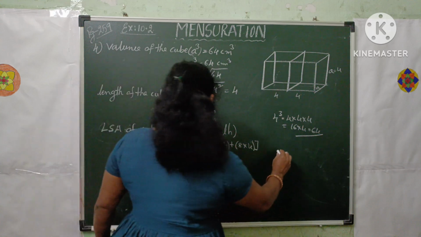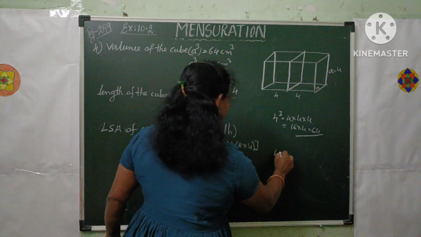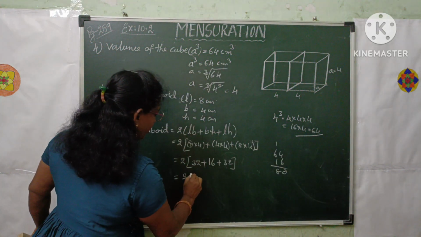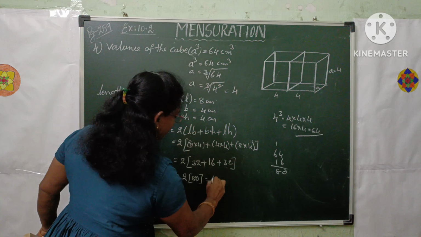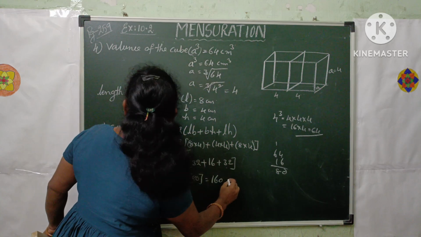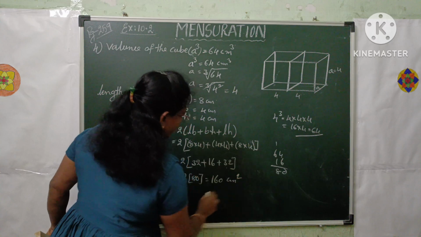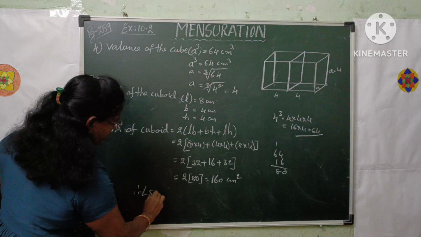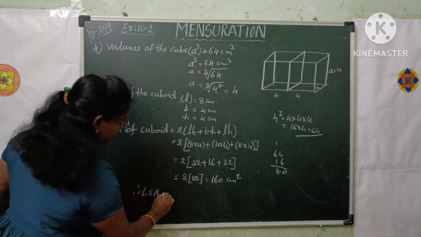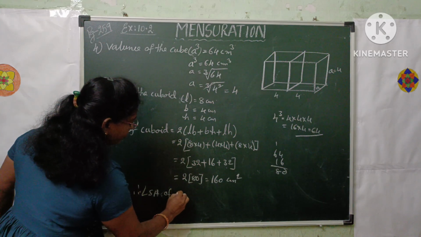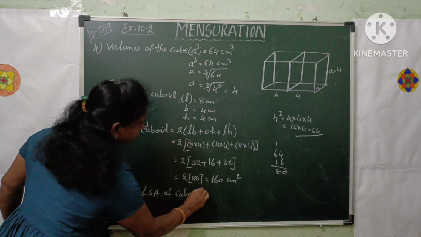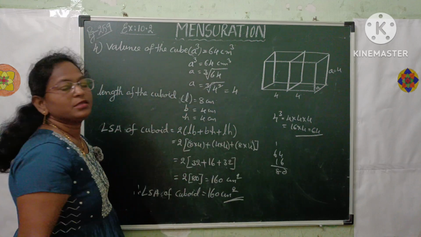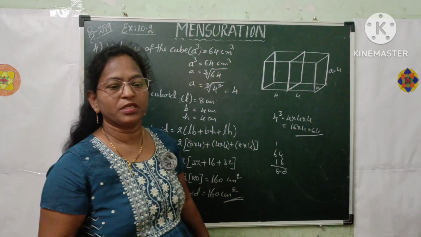That is equal to 2 into, 32 plus 32 is 64, 64 plus 16 is 80. 2 into 80 equal to 160. What is that? Centimeter square. Therefore, CSA or LSA, because lateral surface area of cuboid equal to 160 centimeter square. This is very important. Why? Because two combination figures will be there.